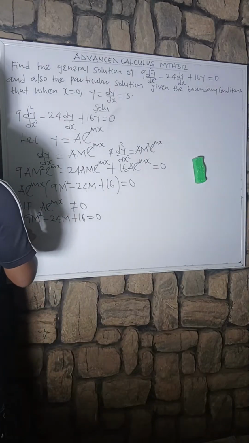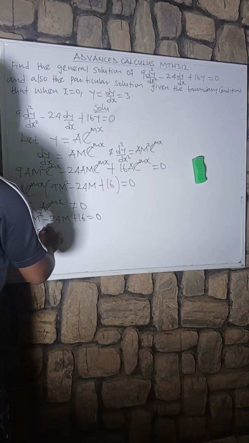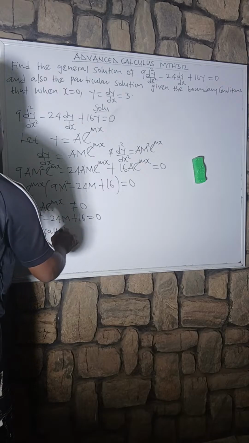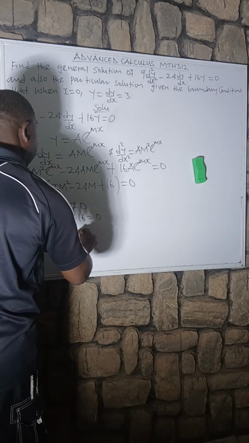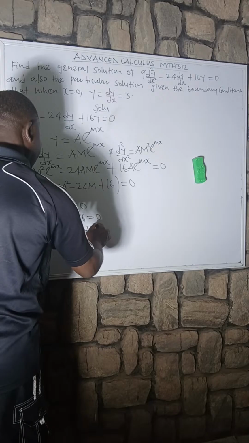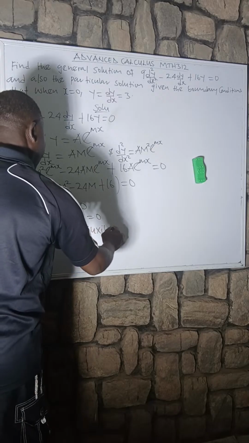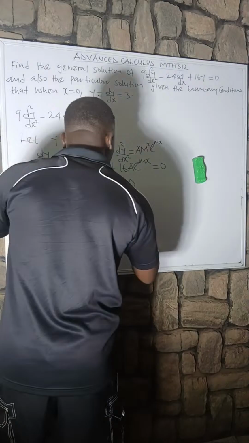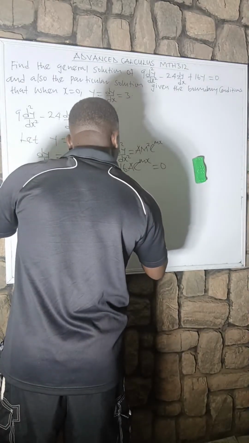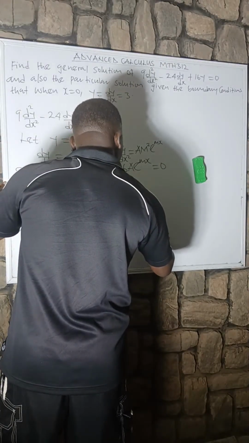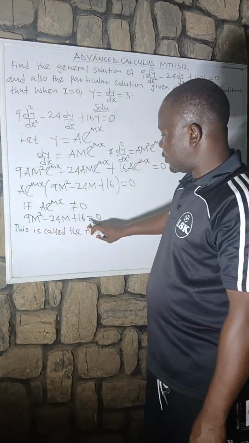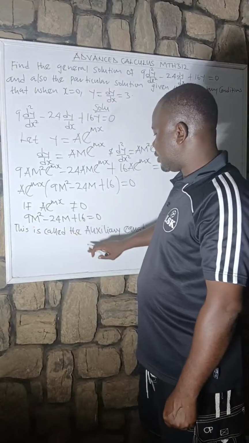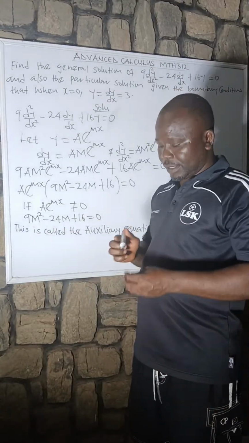This equation is called the auxiliary equation. Amen. Okay, auxiliary equation. So now, at this point, this equation is called the auxiliary equation.